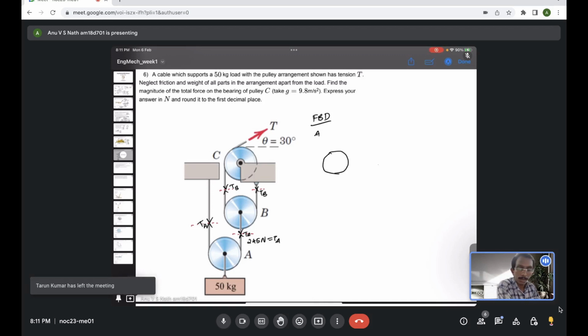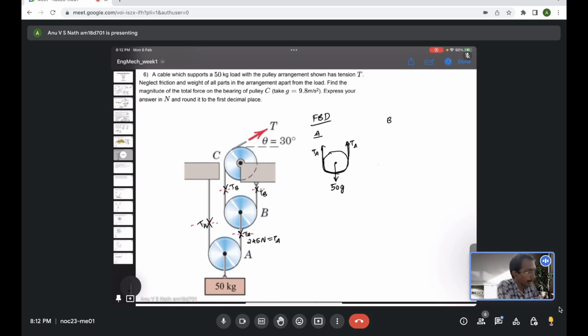If you now draw the free body diagram, 50 kilograms, so 50 times G is a weight acting on the center of pulley A, and two tensions acting, TA acting here, TA acting here. Because it's the same string, you will have the same tension transmitted along the string. It's just the same string binding here, right? So it's really the same tension.